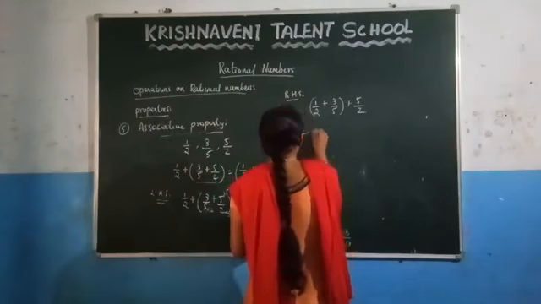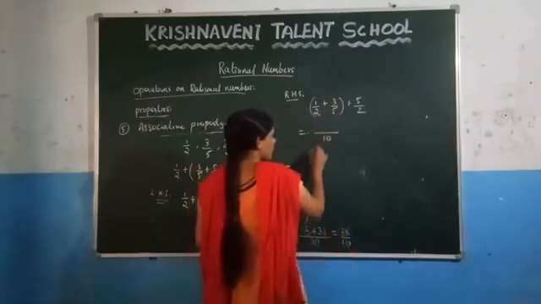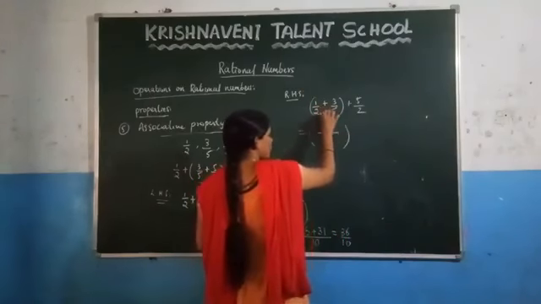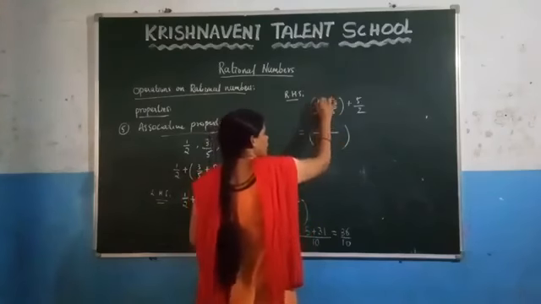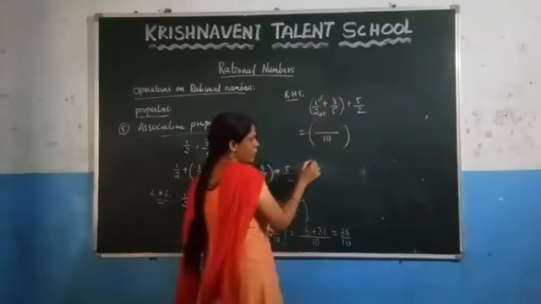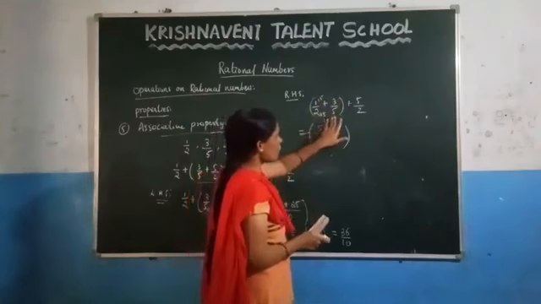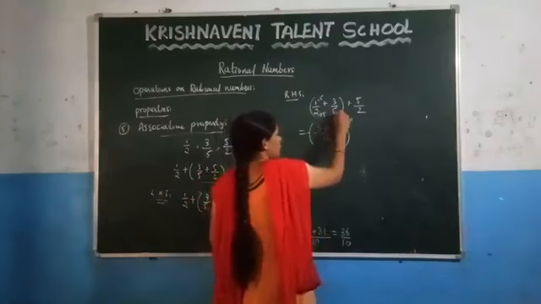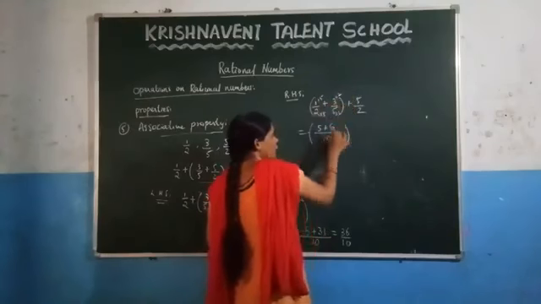We have to take the LCM of 2 and 5, which is 10. Here we multiply with 5 so that we get 2 into 5, which is 10. Since we are multiplying with 5, in the numerator also you have to multiply with 5. 1 into 5 is 5. Here which number do you have to multiply so that you get 10? 5 to 10, right? So here also you multiply with 2. You get here 6.